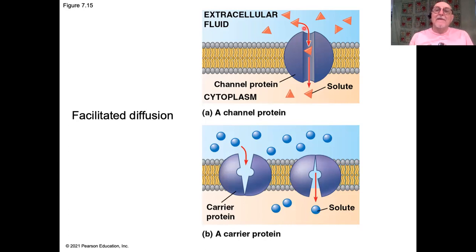The important thing is that this is taking place in the direction of the concentration gradient. It's going in this direction only. There's no movement in that direction, because what is driving this is the diffusive pressure. The concentration of the substance is higher this side than it is that side, so it moves in this direction.